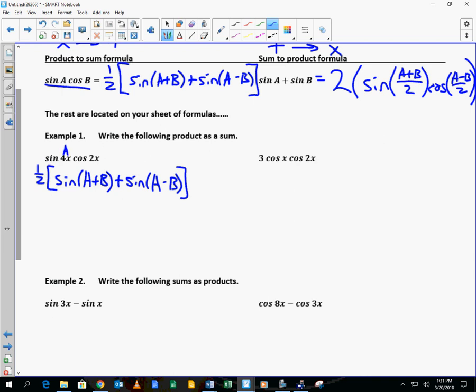A is 4x, b is 2x. So I have 1/2 times the sine of what is a plus b, 6x, plus what is a minus b, so sine of 2x. And you are done. That's it.